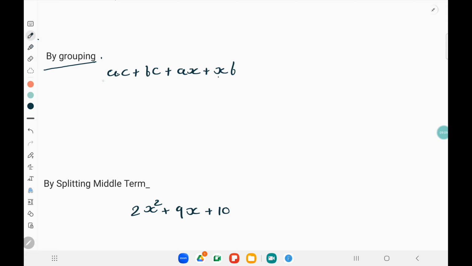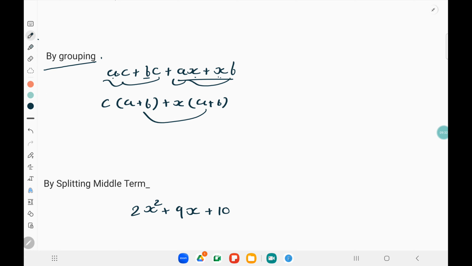So first we make the groups. This is the first group and this is the second group. The first group, what is common? c is common, and what is left is a in the first term and b in the second term, inside the bracket. The last 2 terms have x common, so we take x outside and a plus b remains inside the bracket.